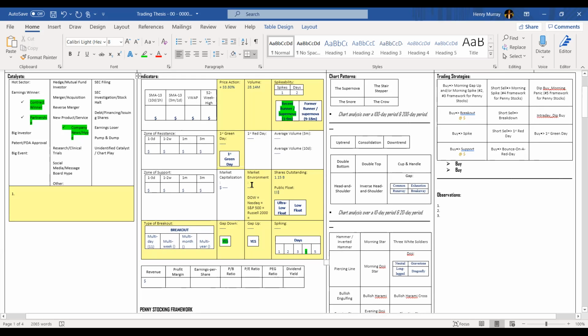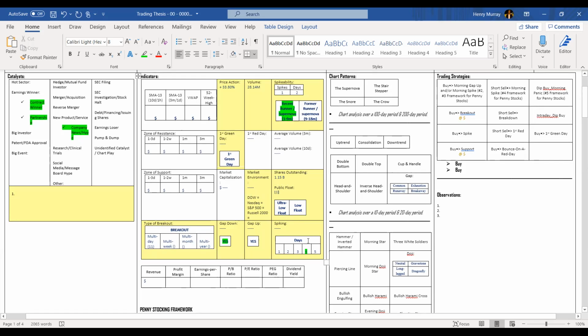Another parameter: you want to look at the market environment and condition. If there are any big events, you want to narrate it right here. You also want to put in the figures for the Dow, the NASDAQ, the S&P 500, and the Russell, so you can get a general feel of the market before you trade. Shares outstanding is 1.15 billion, and the public float on VNUE is 1.1 billion.